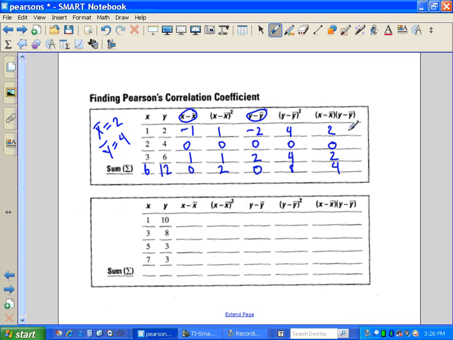If we take some of this information back to our Pearson's correlation coefficient chart, the top of the formula is the sum of this column. So we're going to want this sum, 4, to go on top.